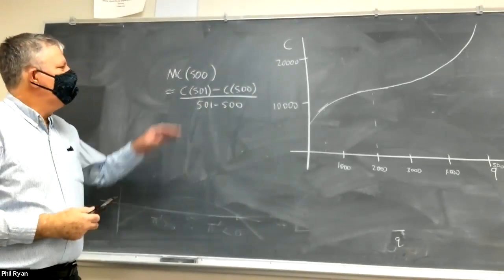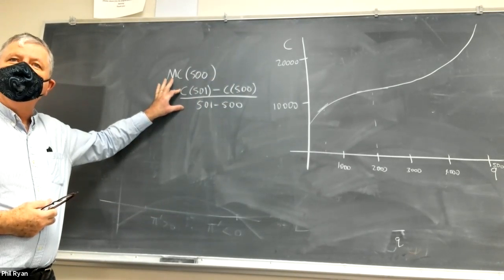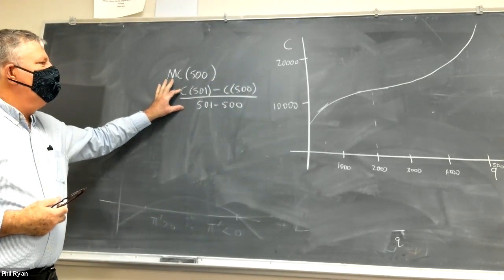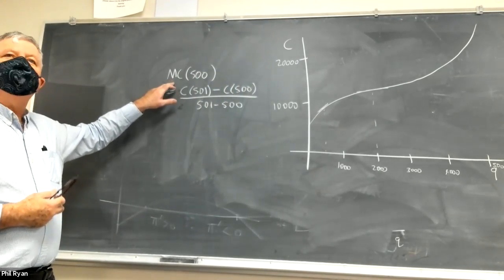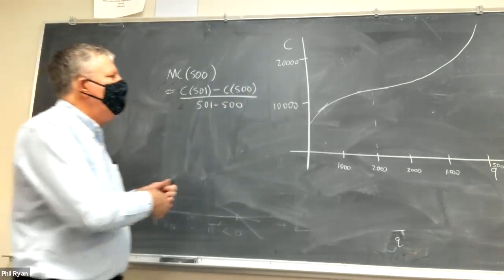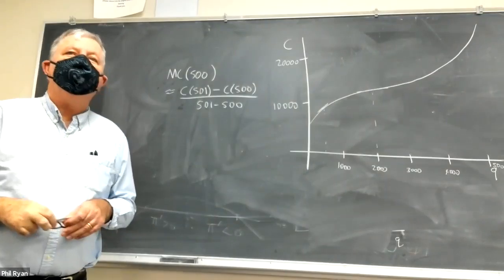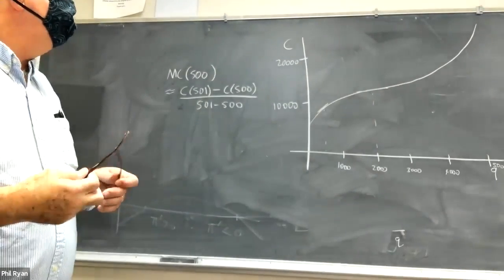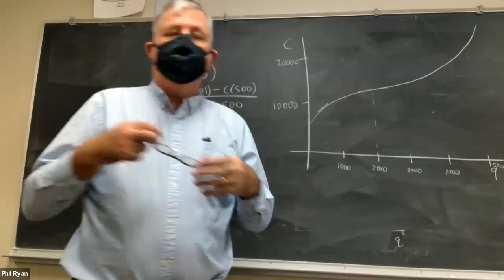When I write it like this, what kind of formula is this? It's a slope formula, right? So we can see, when we do this little trick, that marginal cost is definitely a slope. This slope is steeper than that slope, and therefore the 500th unit costs more than the 2,000th unit.